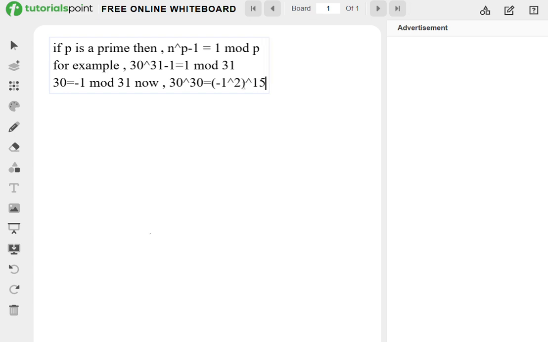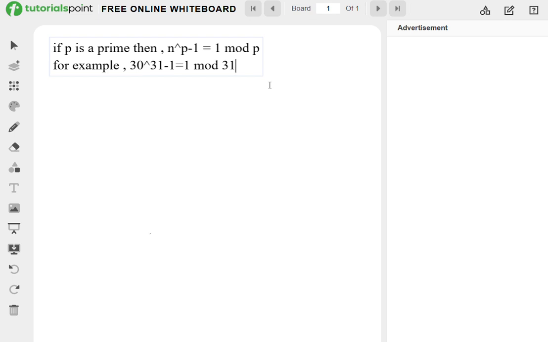But basically minus 1 squared is 1, so 1 to the power 15 is 1. Now 30 to the power 30 is congruent to 1 mod 31, our thing is proved. This was a pretty easy one, to be honest.